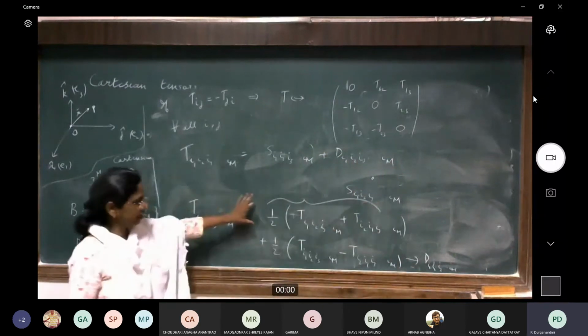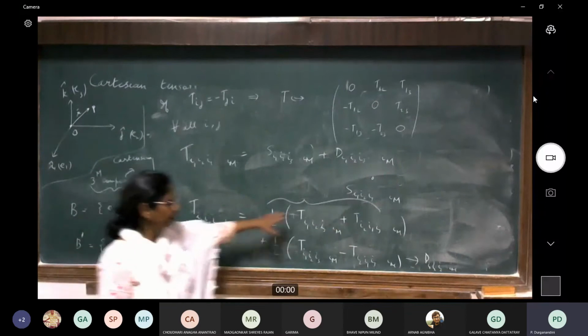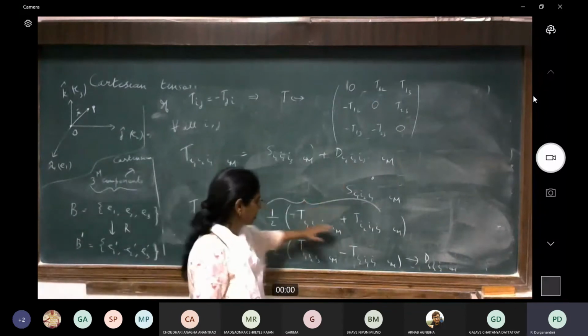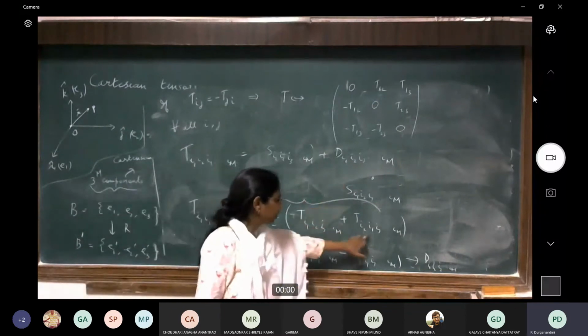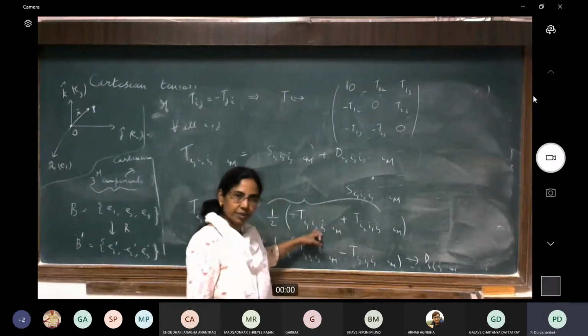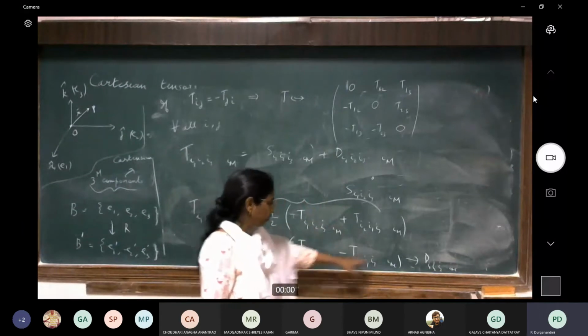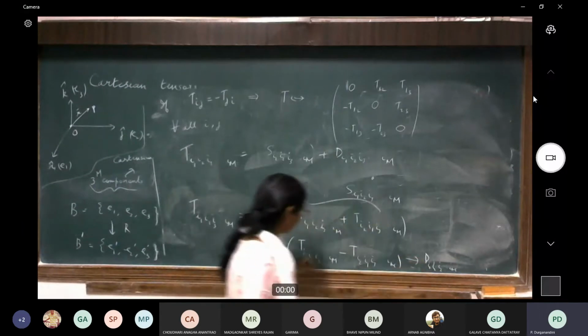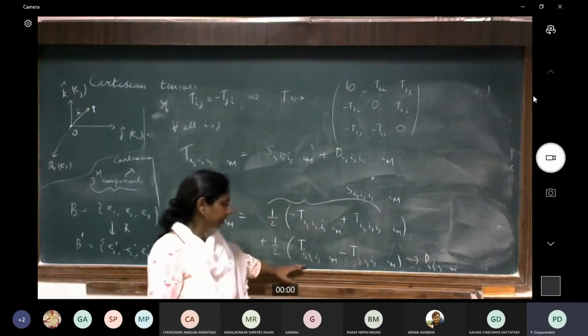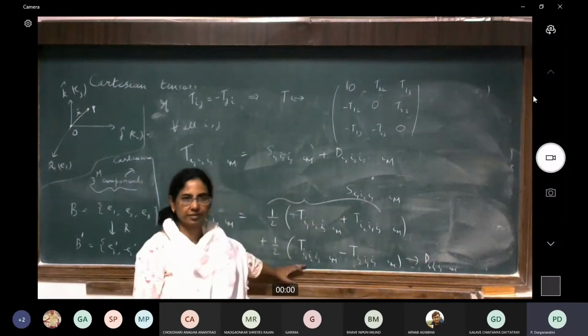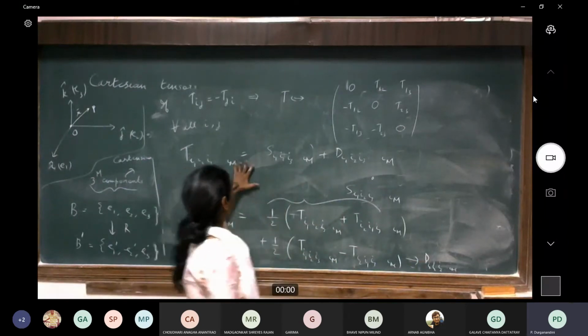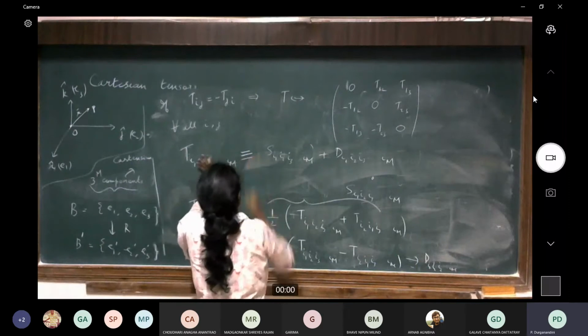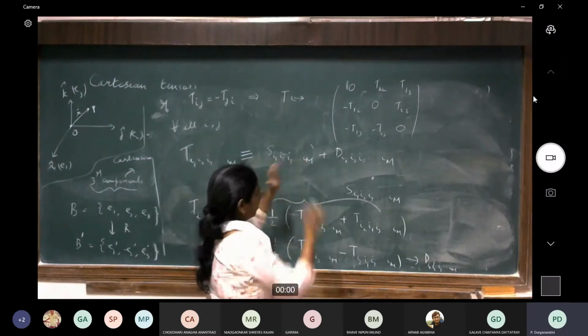And it's straightforward to see that your S tensor is a tensor of rank m, which is symmetric with respect to the i1, i2 indices, the first two indices. While your D tensor, which is defined like this, is antisymmetric with respect to the first two indices.